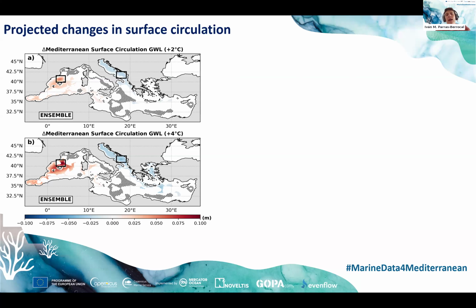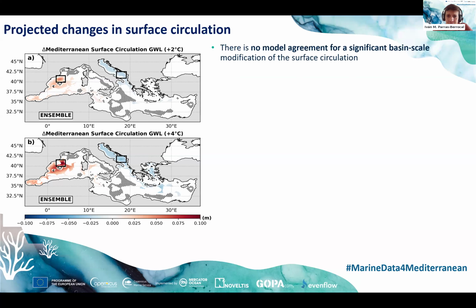And also we add a multi-model agreement criterion. This consists in selecting only those grid points where at least 8 out of 11 models agree in the sign of the change. Otherwise we mask in white.